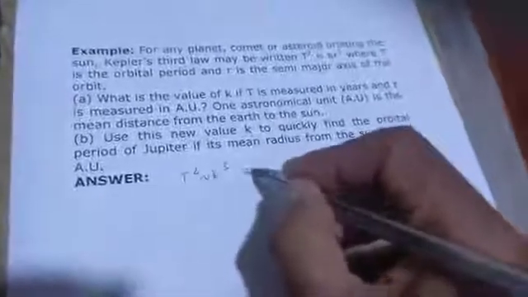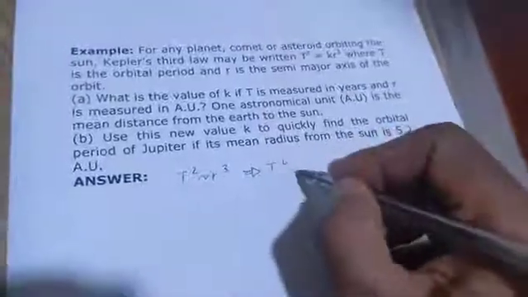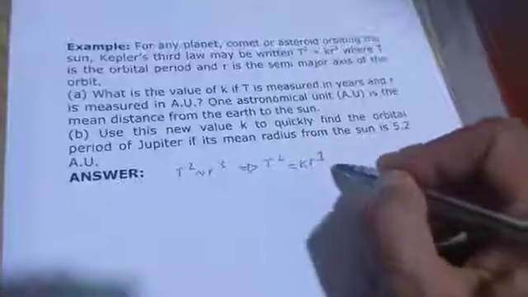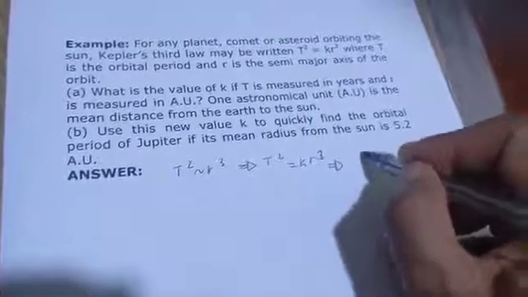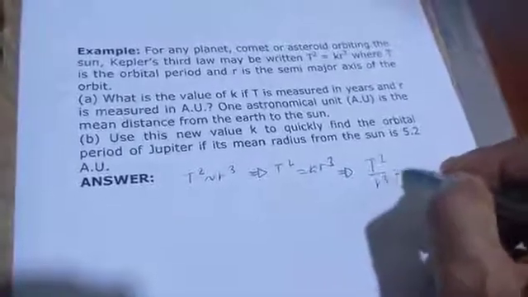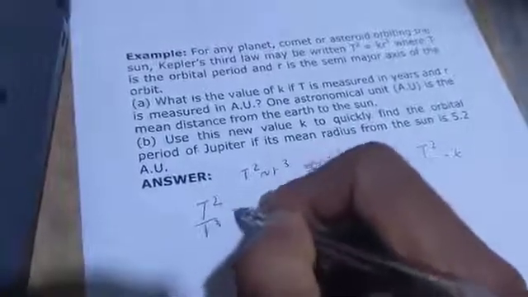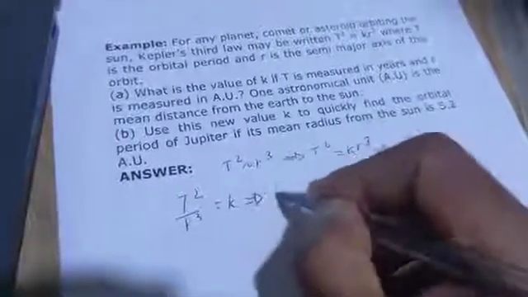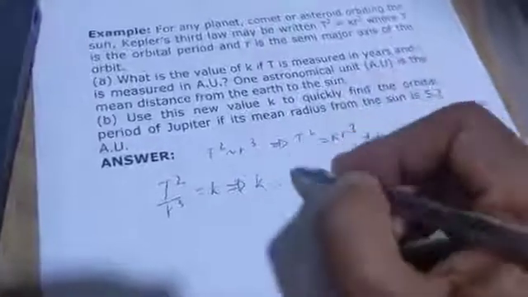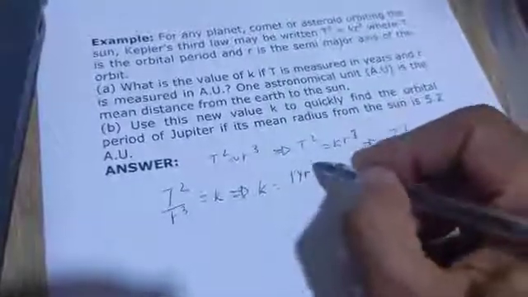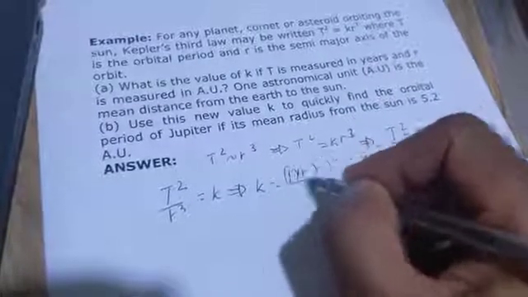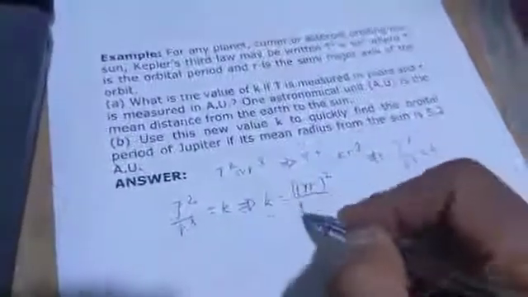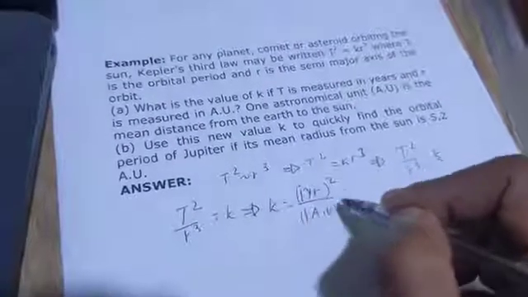Now you can see here that T squared is equal to K R cubed, which implies that T squared over R cubed is K. To determine K, the time is in years, 1 year, the whole squared, and R cubed is 1 astronomical unit, the whole cubed.